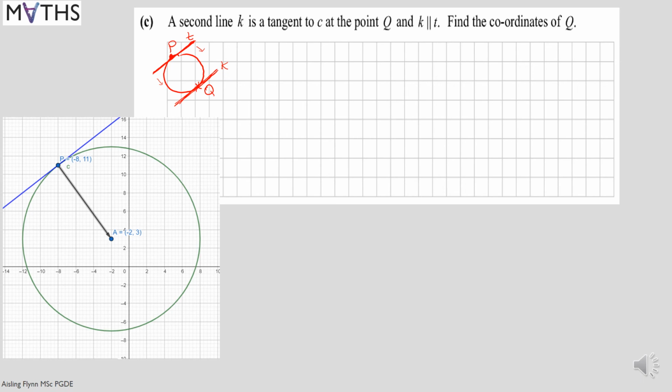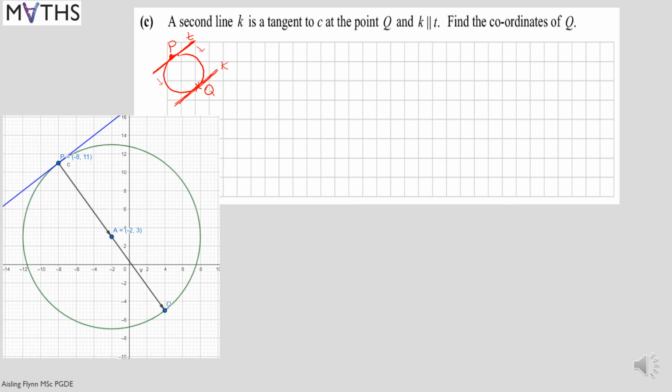If we extend that radius, the second radius from A to Q that we've drawn should also be perpendicular to our new tangent. So the two grey arrows should be collinear, or in one line, and they should be of the same slope. So we're going to solve this by translations.